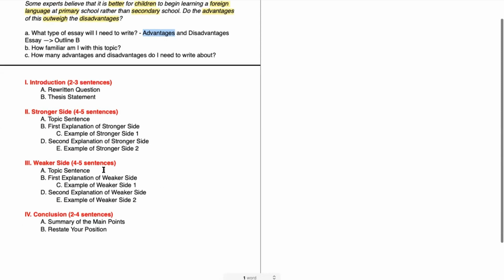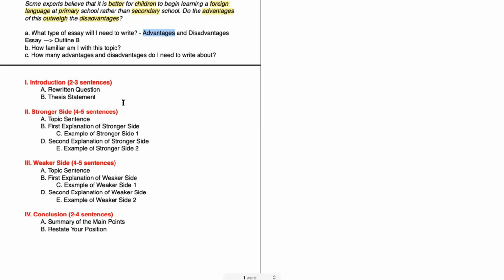Then we're going to do the same thing, but for the weaker side. So the topic sentence, and we're going to include our disadvantages here, which will be the weaker side, with explanations and examples. And then we will close with a conclusion. Now we're going to summarize the main points and then restate our position. Restating the position is connected to the thesis statement.